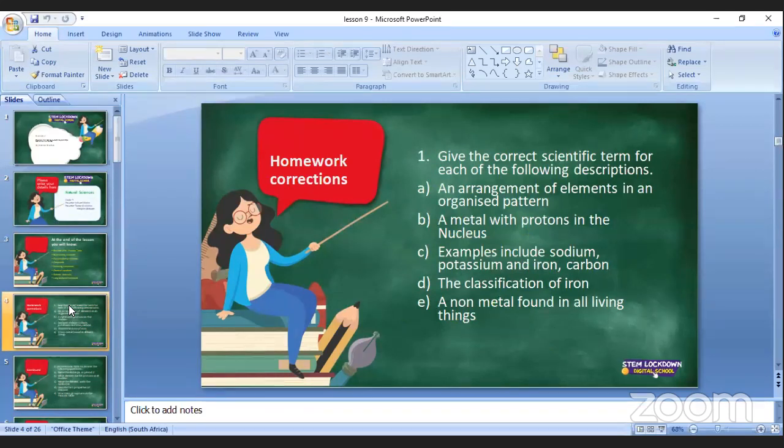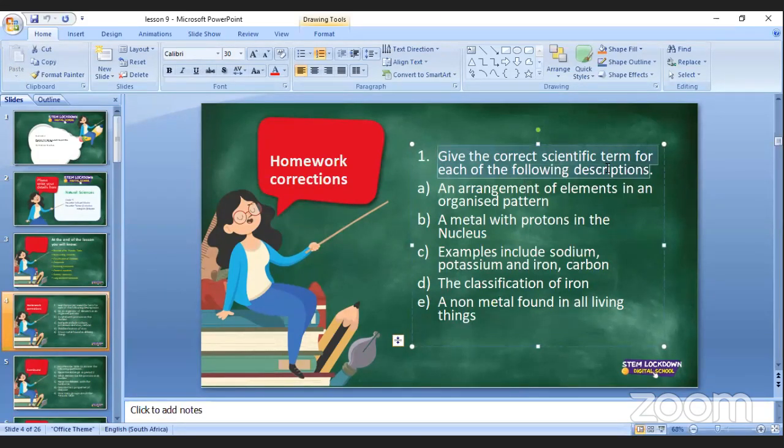Yesterday, I gave you a homework. Let us do the corrections now. Give the correct scientific term for each of the following descriptions. What do we call an arrangement of elements in an organized pattern?